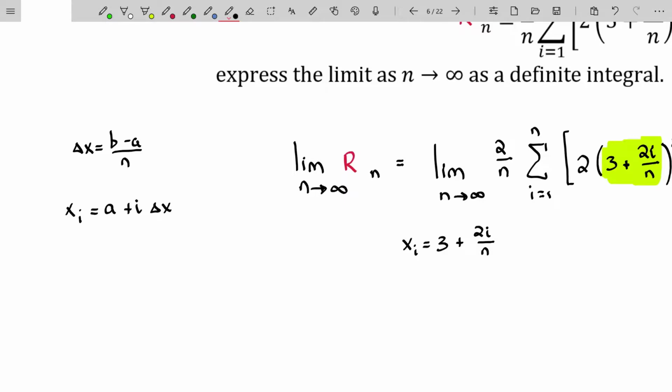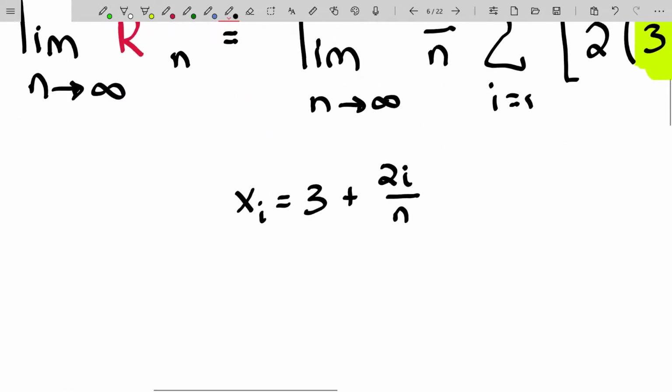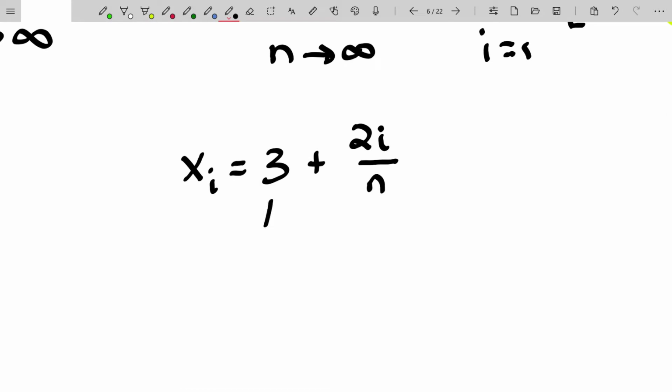Well, if x sub i is supposed to be a plus i times the delta x, take a look at this. This must be right here, a. Let me go ahead and rewrite this slightly here. This is 3 plus i times 2 over n. Now you can probably see it much better. That must be a, where we begin our integral.